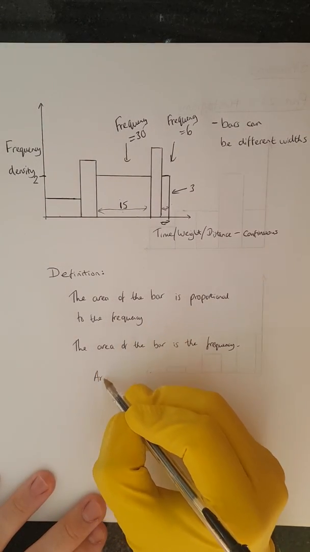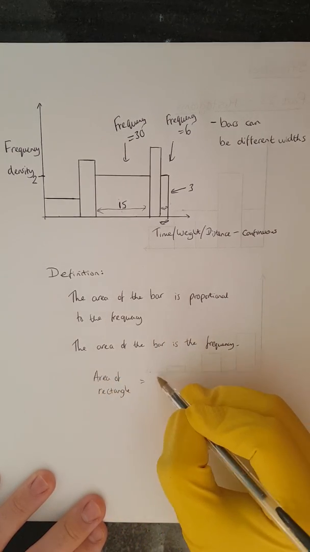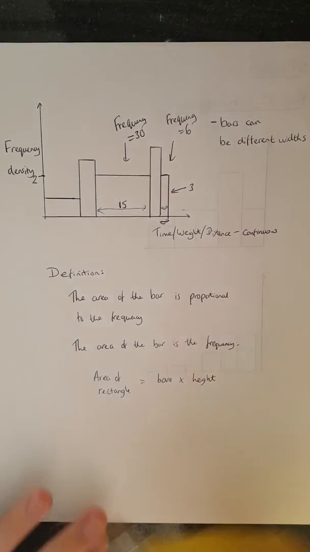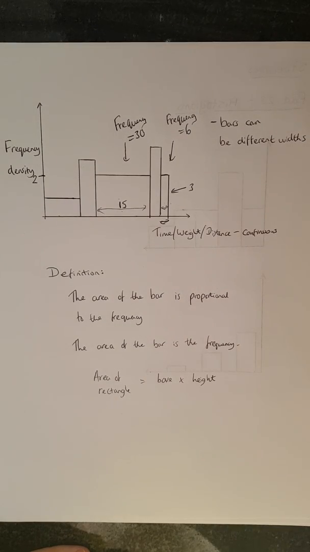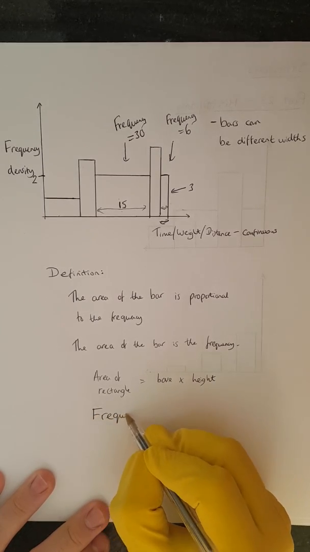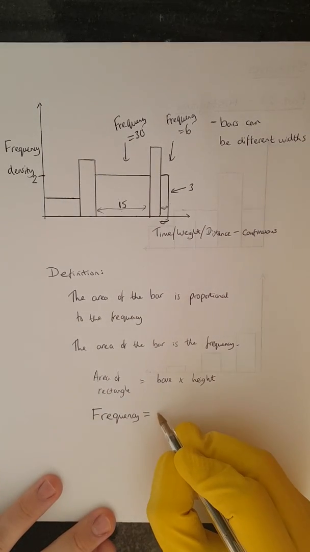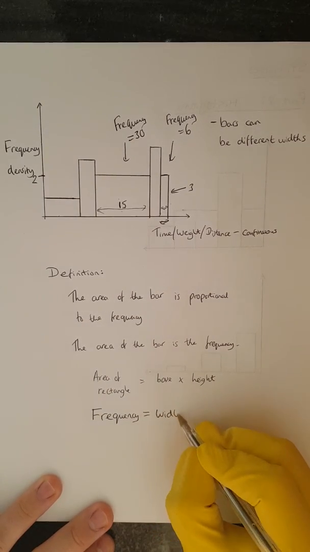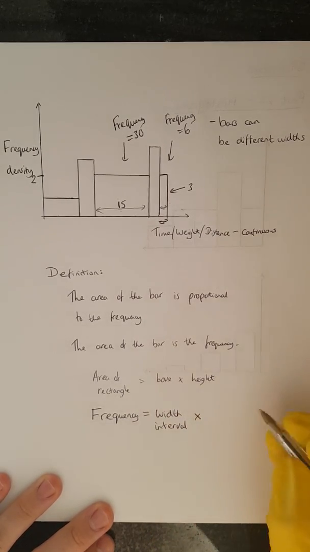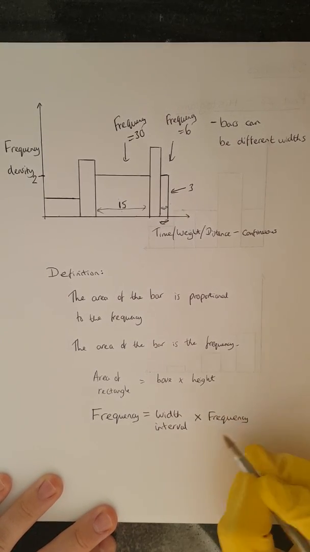Okay, so we've got area of a rectangle equals, we'll do base times height, but you can call it length times width if you wish. So now we're changing this to frequency equals the width of the interval times the height, but the height is called the frequency density.